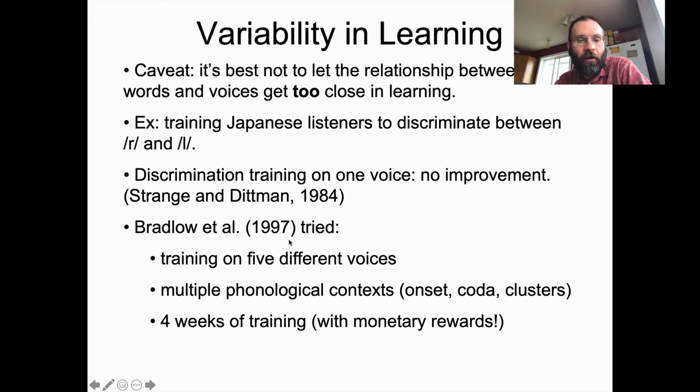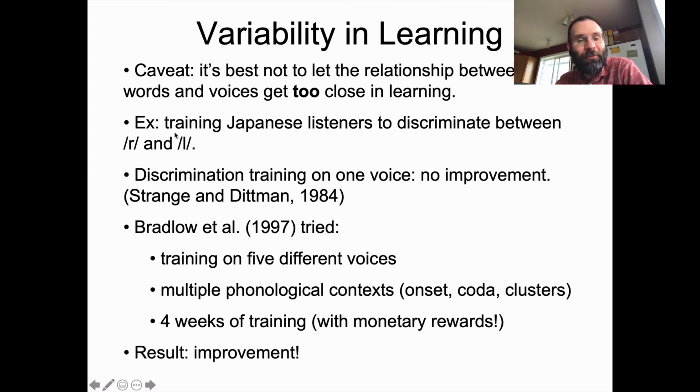So Bradlow et al. used a training methodology where they used 5 different voices for the Japanese listeners to listen to. They also used multiple phonological contexts, so they're putting R's and L's in onset position, coda position, and different consonantal clusters. And they also gave them a lot of training, 4 weeks of training with money if they did better than some sort of baseline performance.